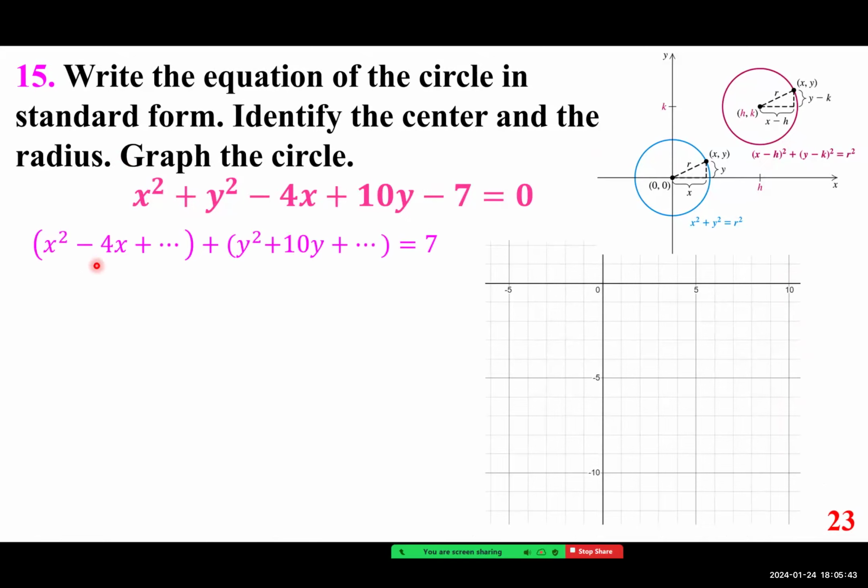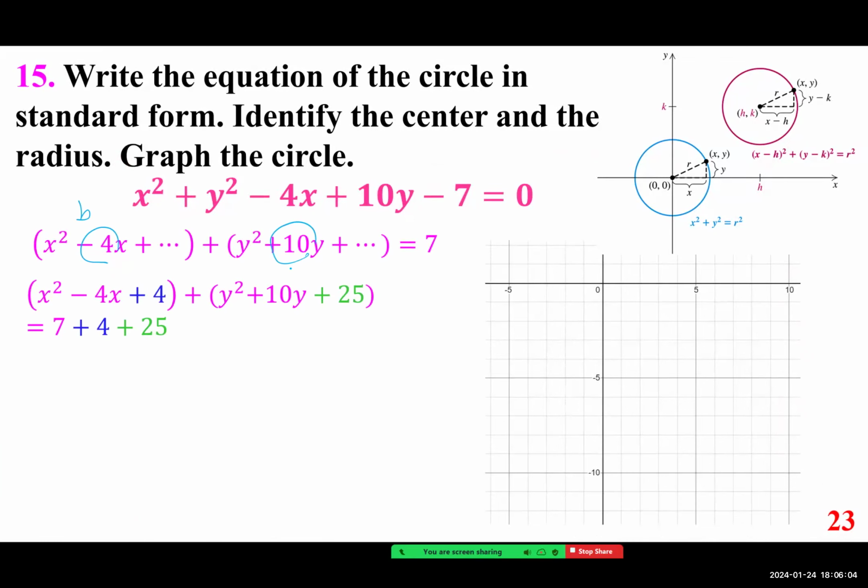Here's B. We divide it by 2, you get -2, squared, you get 4. So you add 4 to both sides. Here's B, divided by 2 is 5, squared is 25, added to both sides.